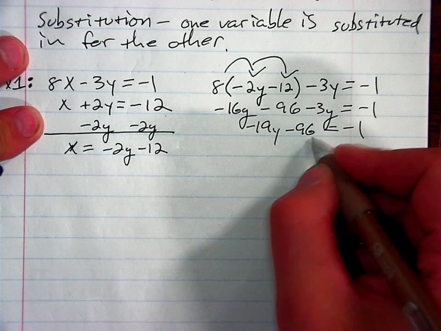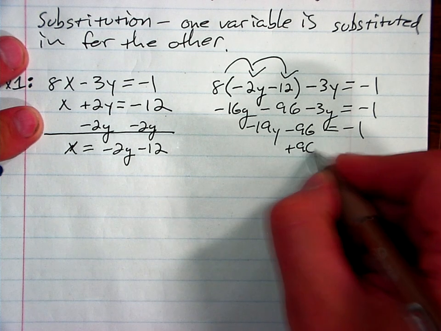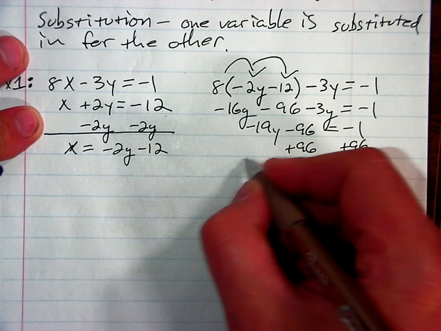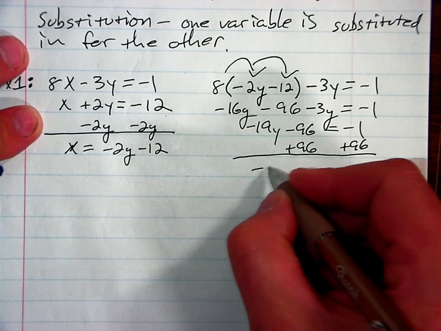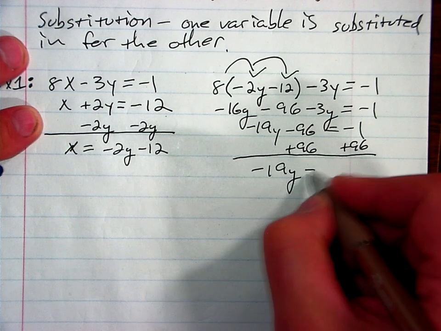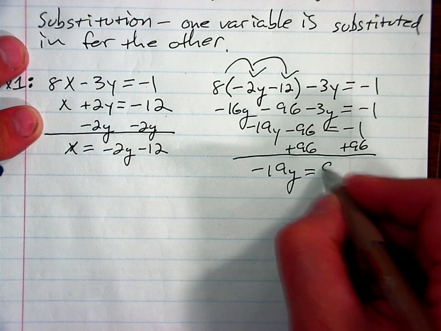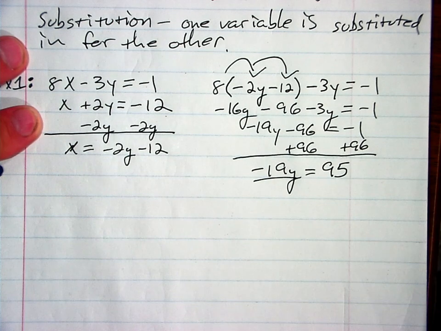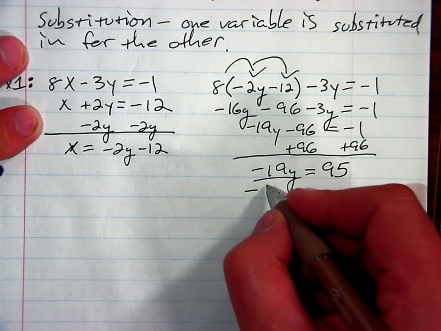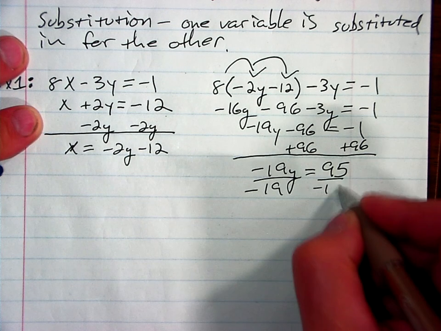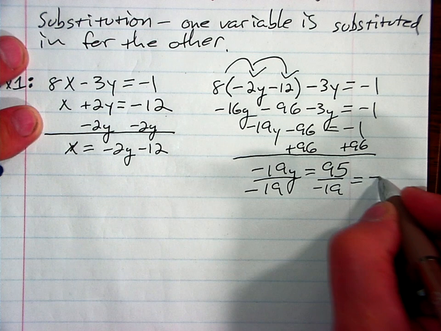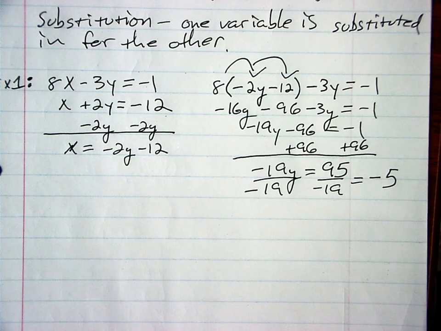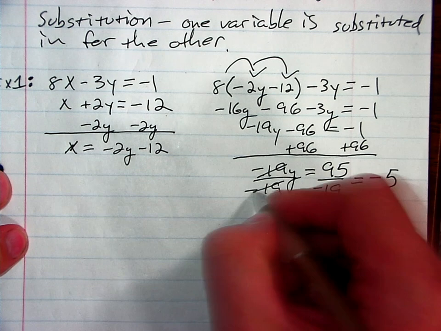So this is a minus 96, so I'm going to add 96. -19y equals 95. The -19 is multiplying, so to get rid of it, we divide. And y equals -5. So we now solve for y.